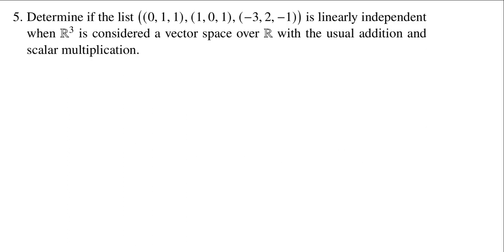Our definition of linear independence was that a list is linearly independent if every element in the span of that list has a unique representation. That's a lot of things to check.